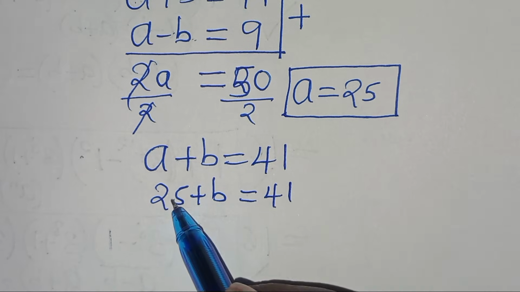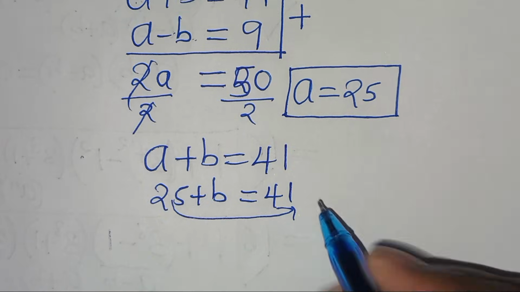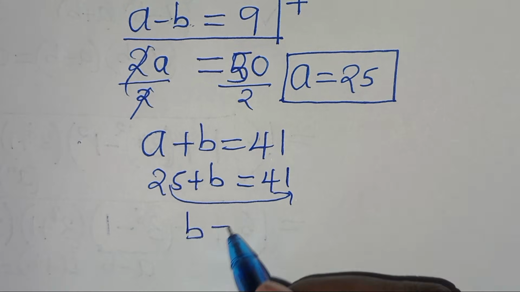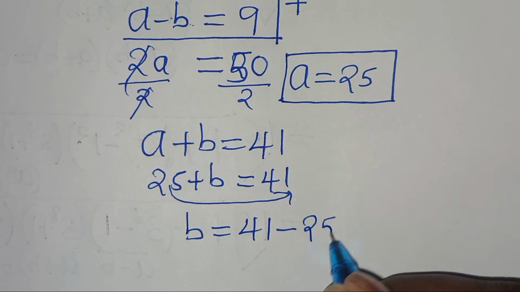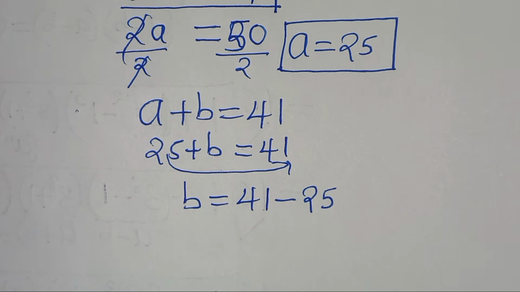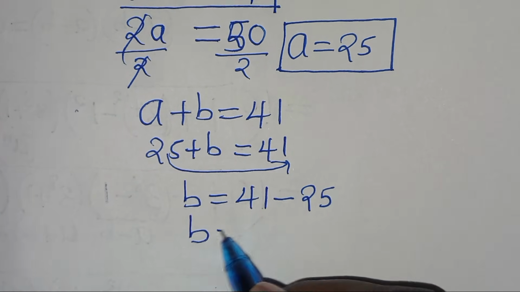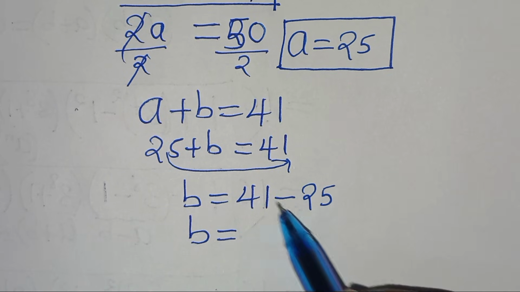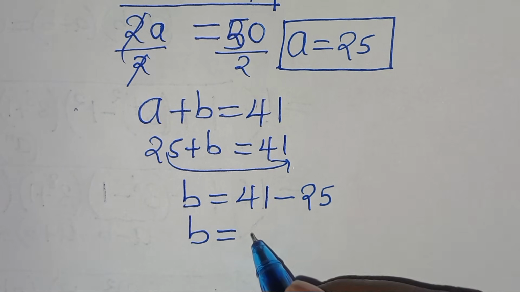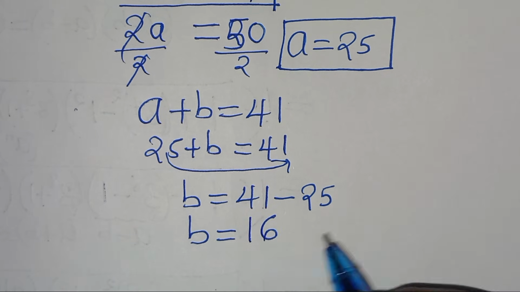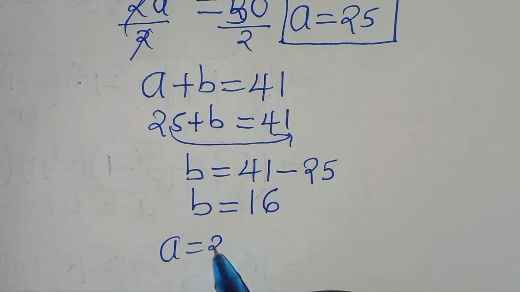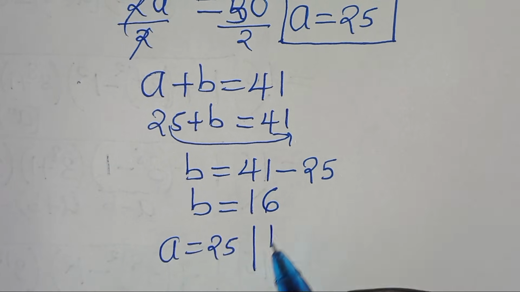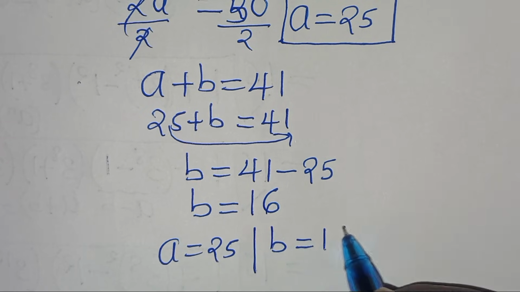So let's take 25 to the right hand side, so that now b is equal to 41 minus 25, and this is equal to 16. So we have the value of a equal to 25 and the value of b equal to 16.